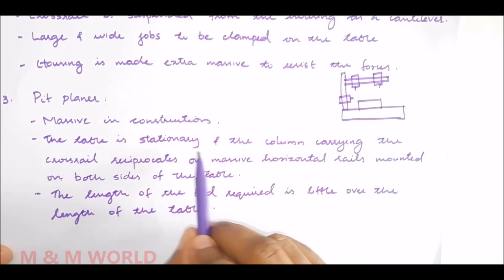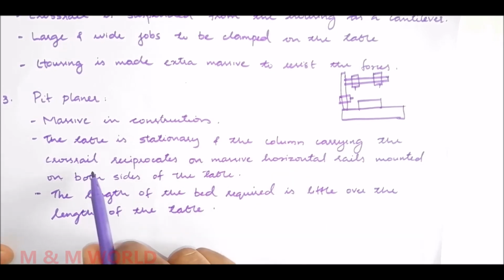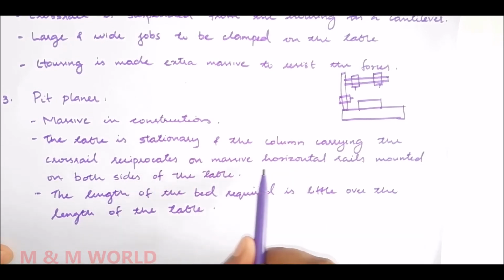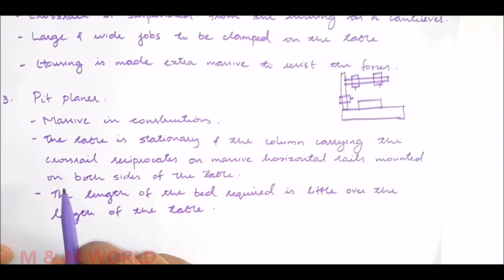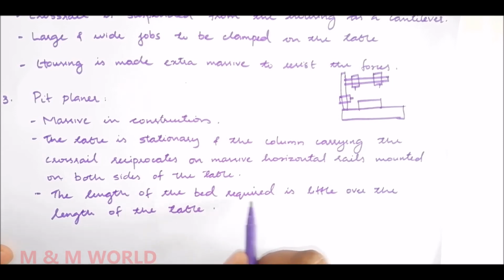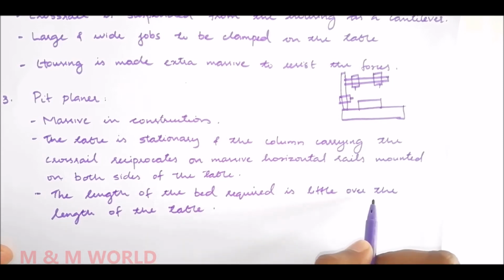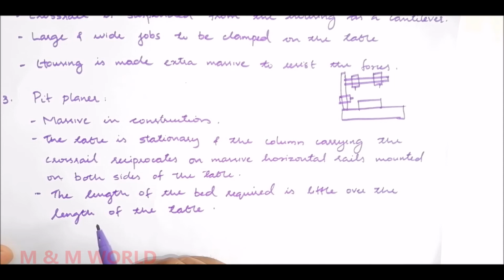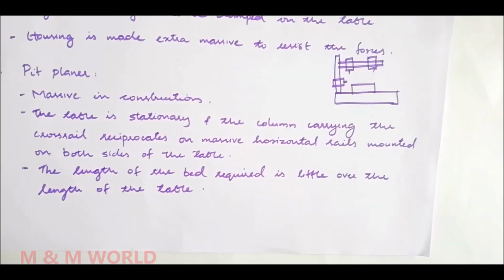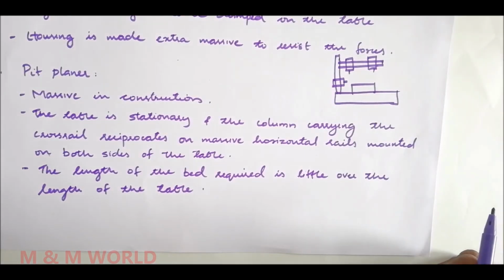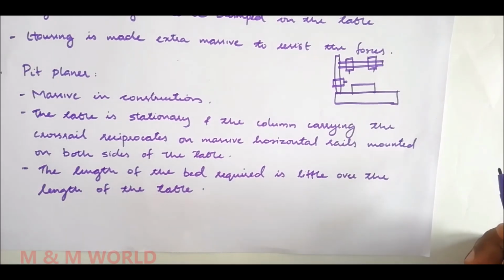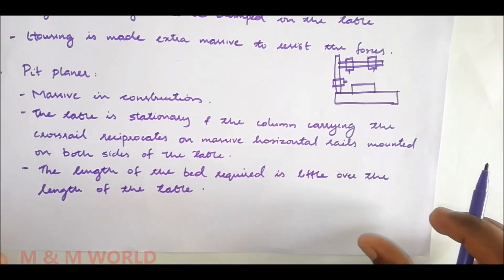The length of the bed required is little over the length of the table. This type of planer is suitable for machining very large workpieces which cannot be accommodated on a standard planer, and the design saves much floor space.